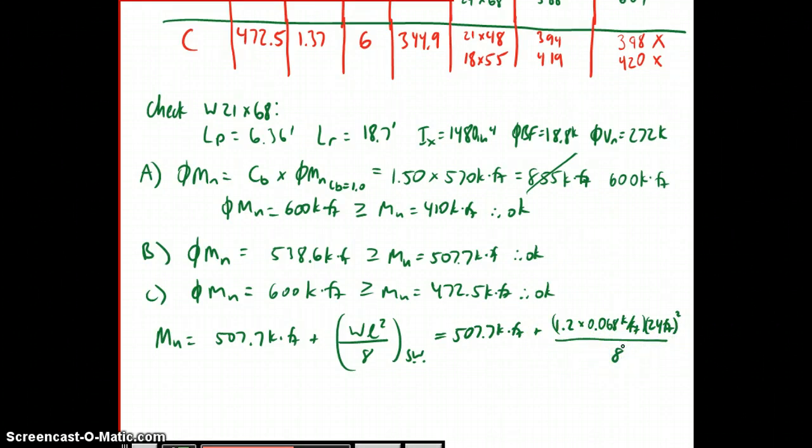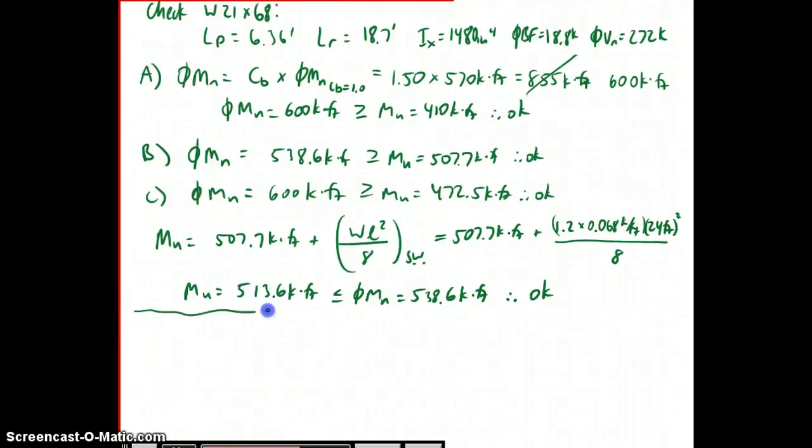So we'll assume 1.2 dead plus 1.6 live controls. And we'll say Mu is then going to be equal to 513.6 kip-feet, which is still less than or equal to phi Mn, which is 538.6 kip-feet. Therefore, the W21x68 is good in flexure for this case.